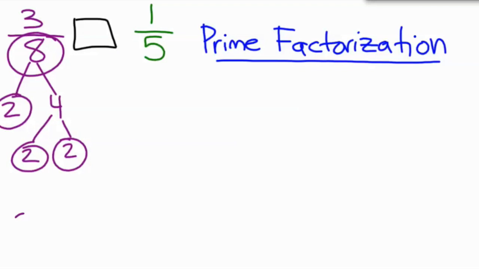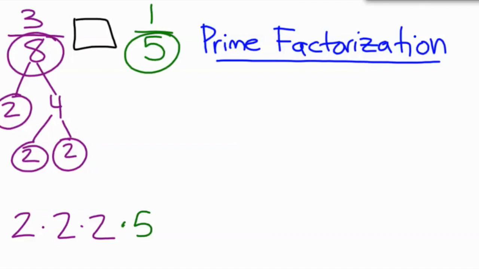So what we really have is 2 times 2 times 2. Next, what's the prime factorization of 5? Well, 5 is a prime number. So we can take that 5 and multiply it times these 3 2's. So 2 times 2, that's 4, times 2, that's 8, times 5, that's 40. And this is what we were really searching for. We were searching for a common denominator for these 2 fractions, and our common denominator is going to be 40.